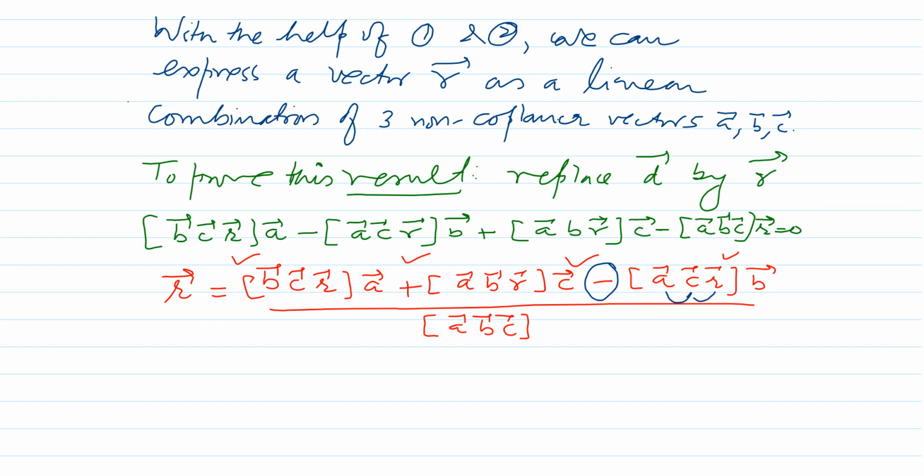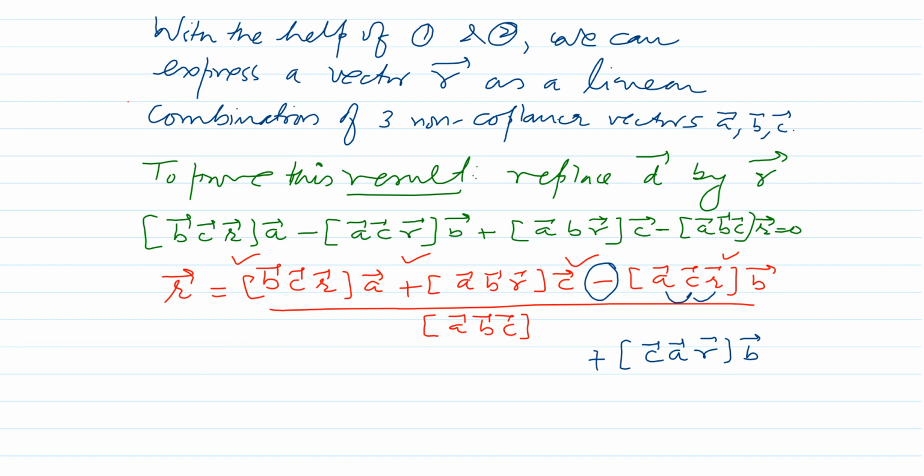So ACR, if you write this term as CAR, meaning you interchange C and A, the sign of this will be changed, because the scalar triple product of ACR can be written as minus CAR.